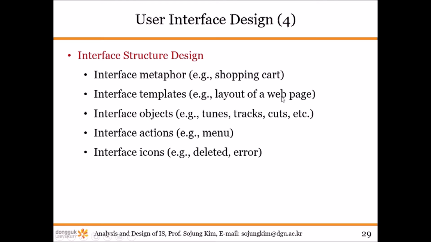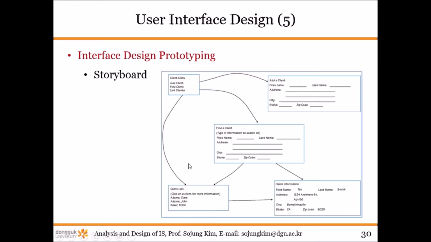And you can define the metaphor, template, object, actions, and icons, okay, as well in your interface. And here you can design the prototype of the interface, and this is a storyboard. Here we have a client menu, with add client, find client, and list client.